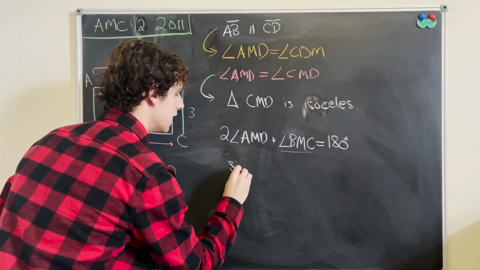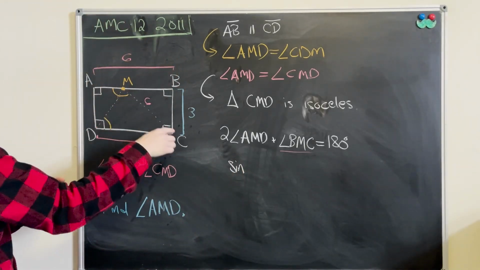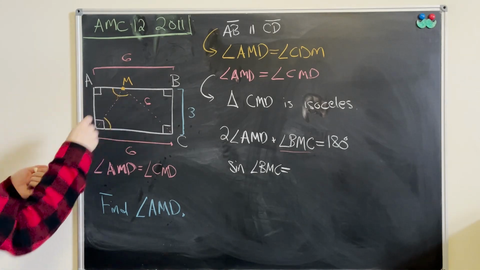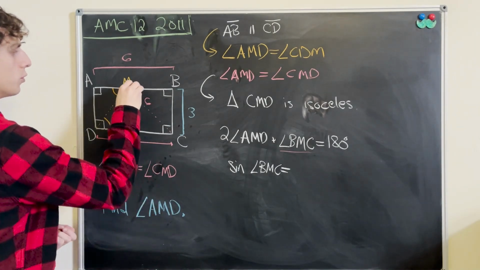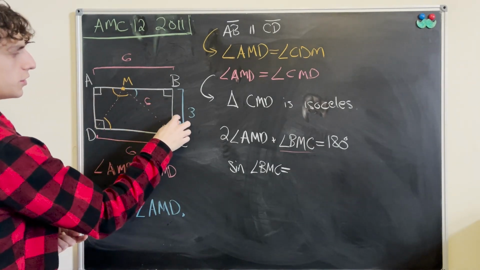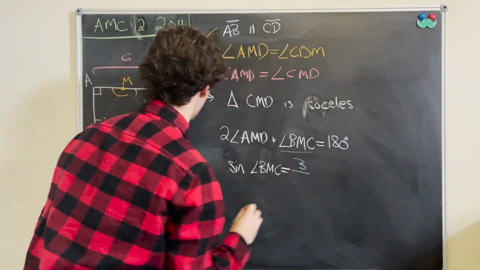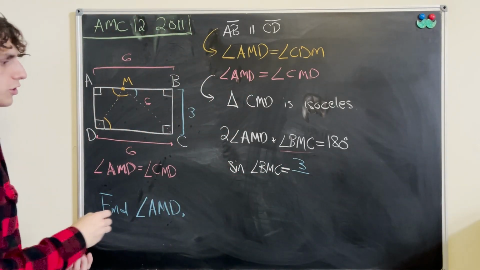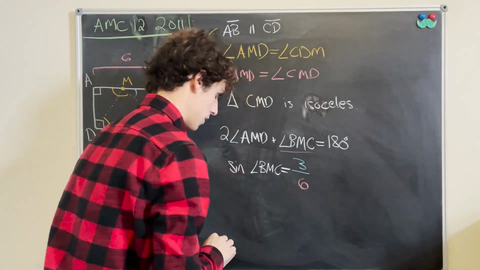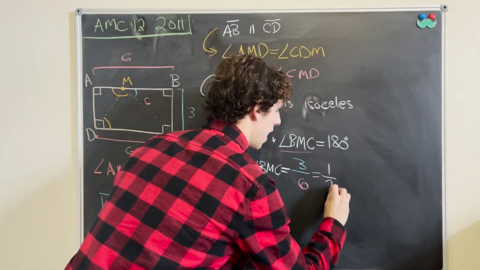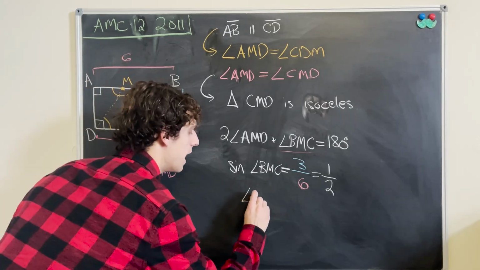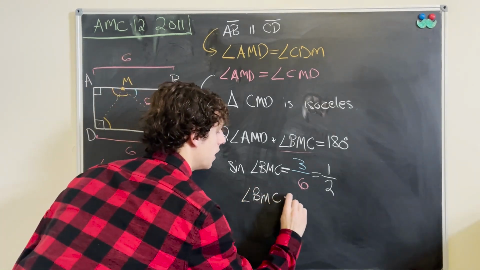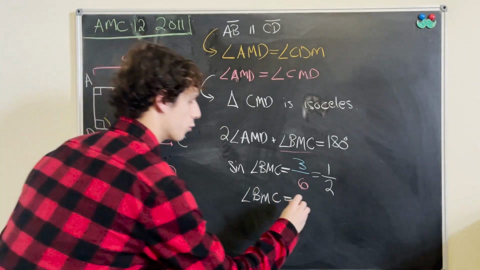So the sine of angle BMC is equal to the opposite, I'll go ahead and write this in blue, the opposite, which is 3, over the hypotenuse, which is 6, but that simplifies down to 1/2. But that means that angle BMC is pretty obviously equal to 30 degrees.